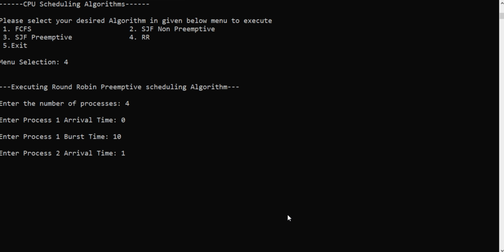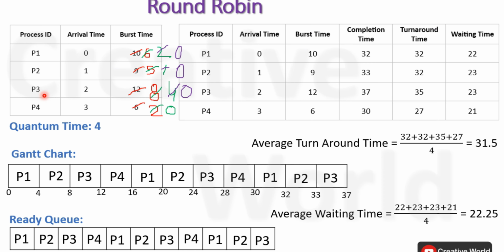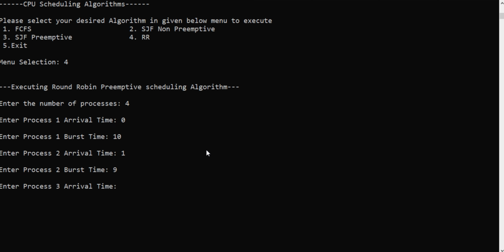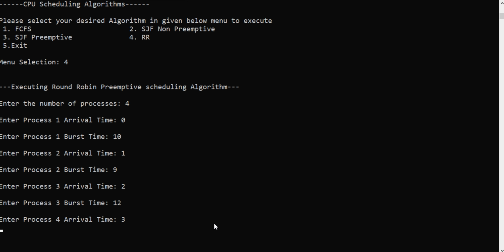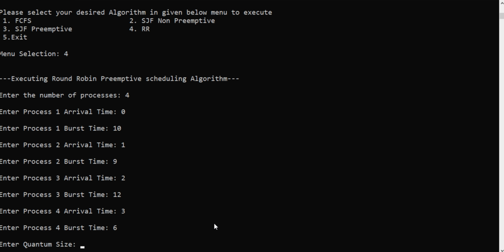Next, process P3, arrival time is 2 and burst time is 12. Next, process P4, arrival time is 3 and burst time is 6. And as we have discussed in the example, quantum size was 4.